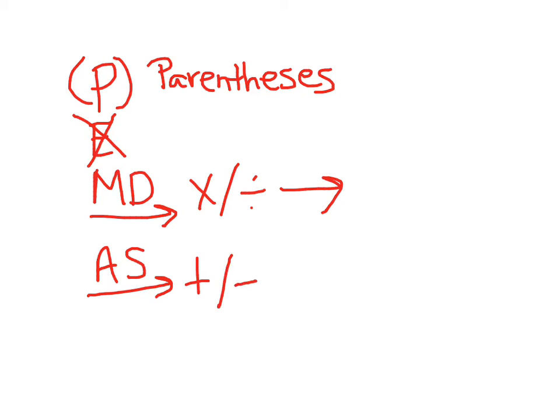Add, subtract from left to right. And remember that these are interchangeable. So it could be subtraction before addition or division before multiplication, as long as you're going from left to right, just like you would read a sentence. You read a sentence on a page from left to right. That's how you're going to read a numerical expression, from left to right. Okay? So make sure you put this down in your journal. This is page 9, Numerical Expressions.